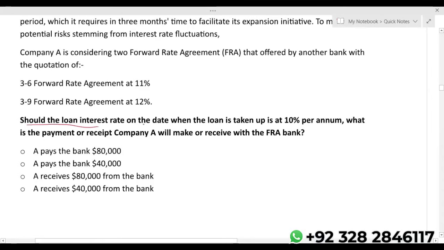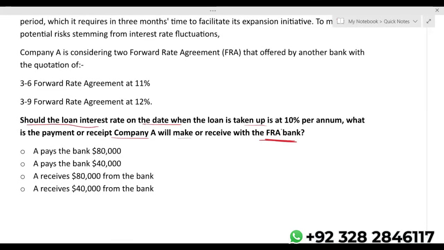Should the loan interest rate on the date when the loan is taken up be 10% per annum, what is the payment or receipt company A will make or receive with FRA bank? Actually, what happens in interest rate hedges, if you go for FRA, forward rate agreement, number one, FRA is an OTC product. OTC means over the counter product which is available from banks.